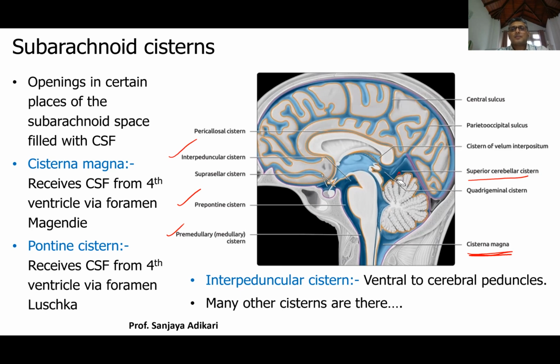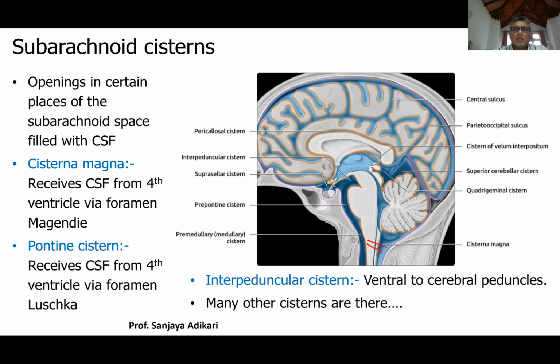Okay. So these cisterns, in a way, act as cushions because they're filled with cerebrospinal fluid. So when there is shaking or a blow to the brain, it has a cushioning effect. And the other thing is, if you look in these spaces, you get the vertebral arteries coming from the back side.